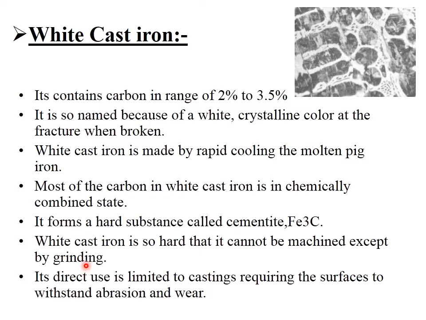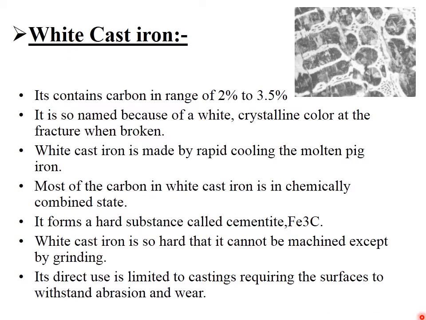In order to avoid machining, what is the best manufacturing process for white cast iron? For that, casting is used. Casting as a manufacturing route is suitable for processing white cast iron.